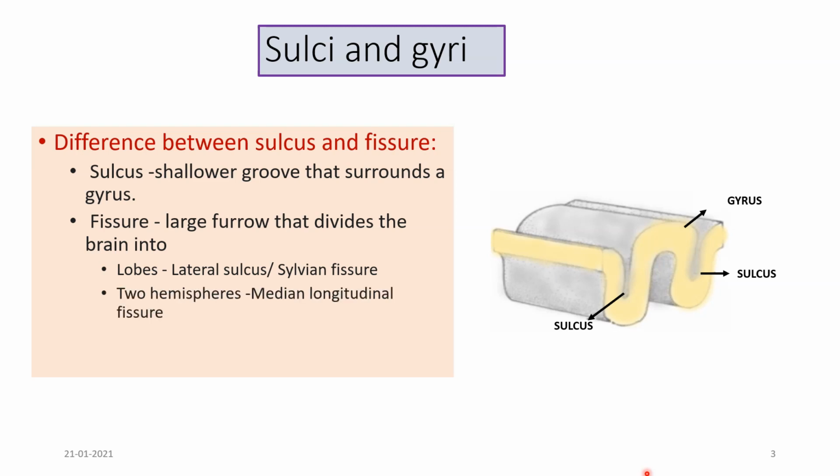In the case of the two hemispheres, they are also separated by a large furrow known as the median longitudinal fissure, which separates the cerebrum into a right cerebral hemisphere and a left cerebral hemisphere. So a sulcus is a shallow groove surrounding the gyrus. A fissure is a large furrow dividing the brain into lobes or two hemispheres.